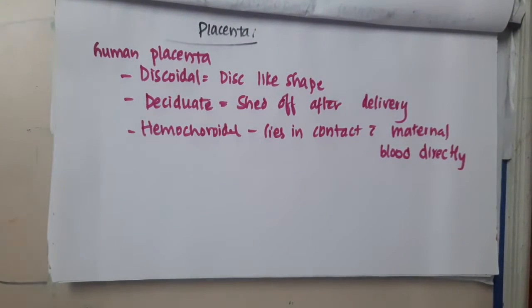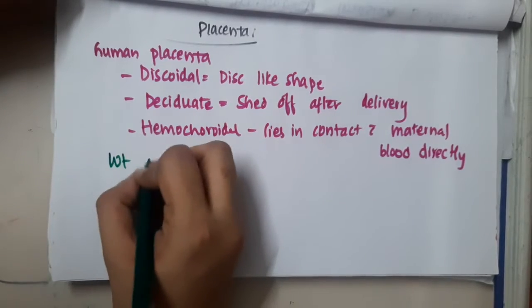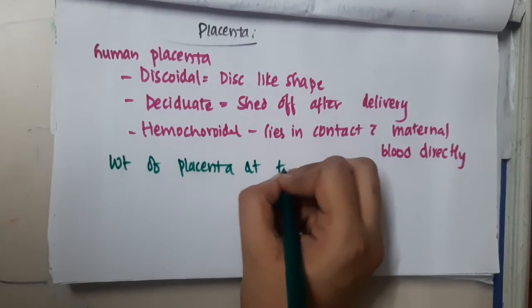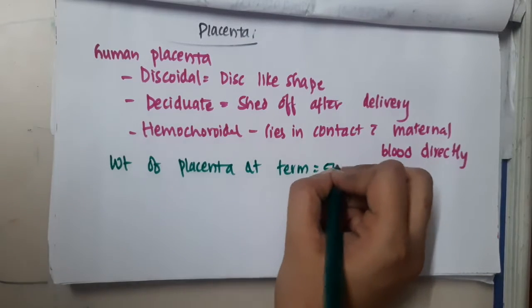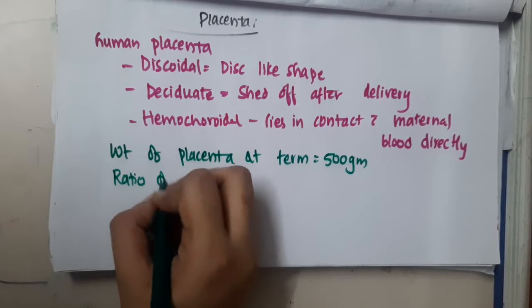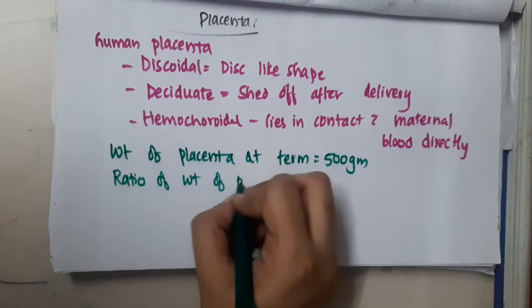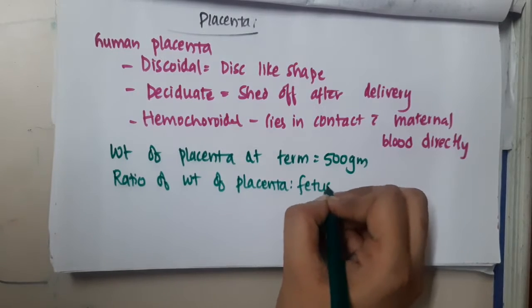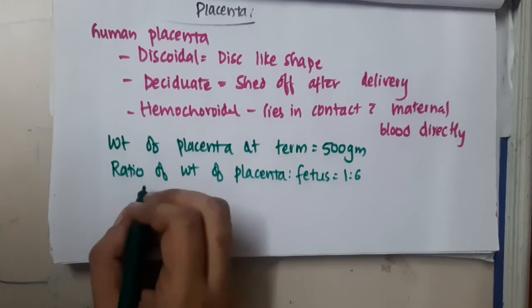If you see the one-liners, the weight of placenta at term is almost 500 grams. If you were asked what is the ratio of weight of placenta to fetus, it is 1:6.